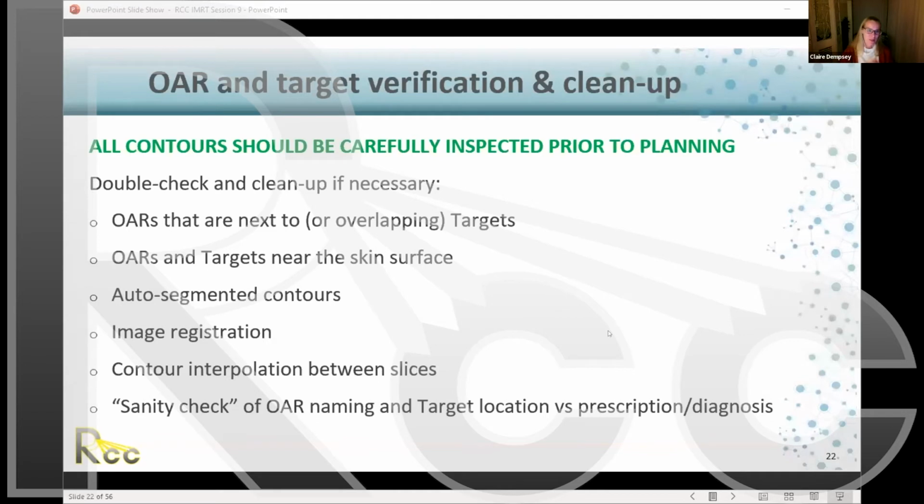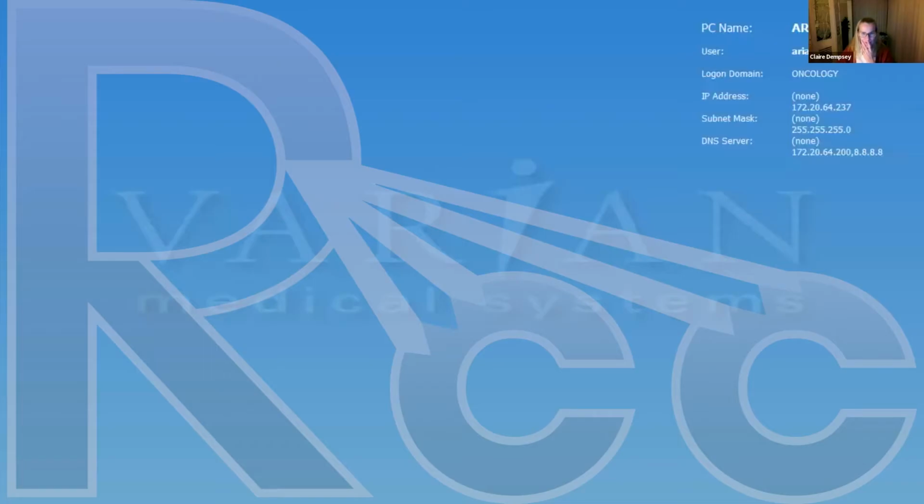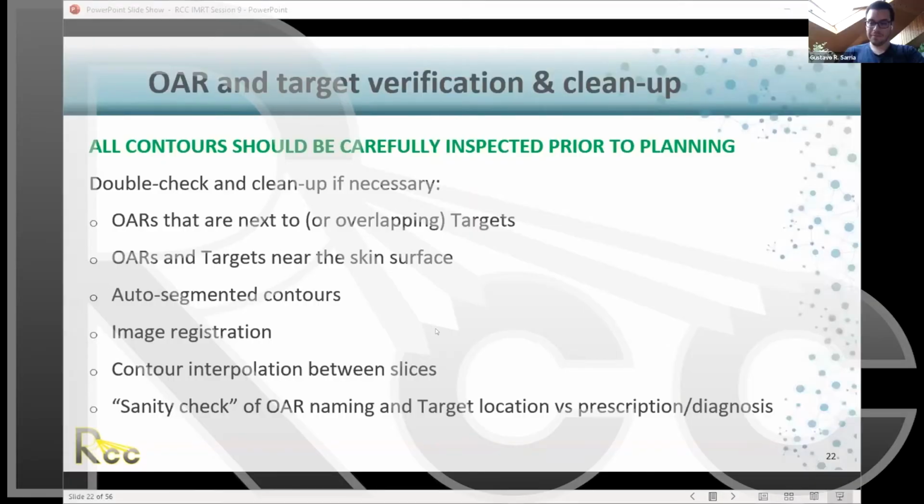Okay. So we need to check our interpolation between slices, particularly if we have contours that vary quite rapidly from one slice to another. And the other thing we need to check is just a sanity check of our organs at risk naming and target against our naming convention, and also that the target location matches the prescription and diagnosis.